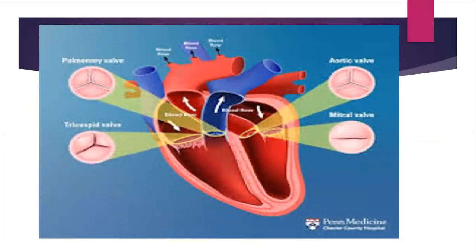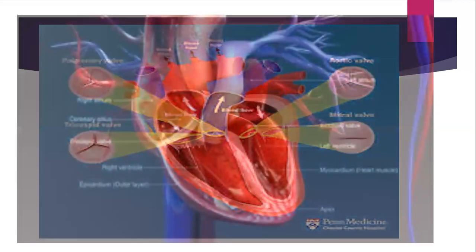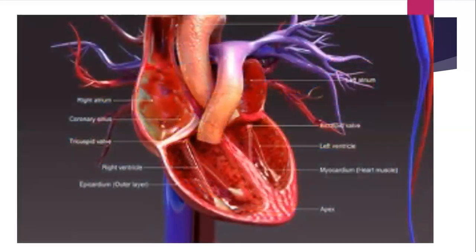Now, this is how the blood flows through the heart. You can see those valves well visualized. There you can see the pulmonary artery, tricuspid valve, mitral valve, and then the aortic valve. Here you can see the left, the muscles.